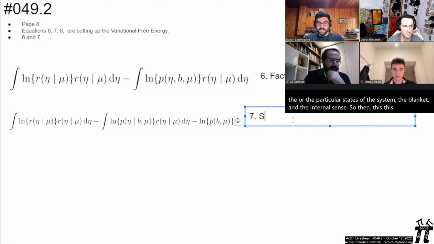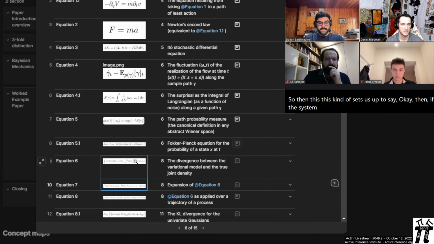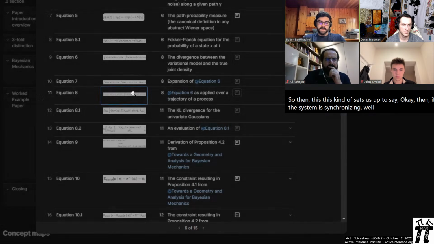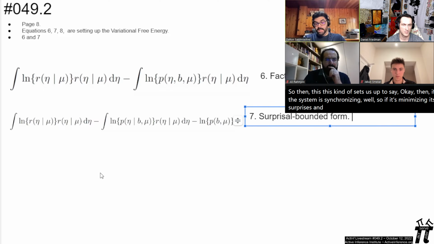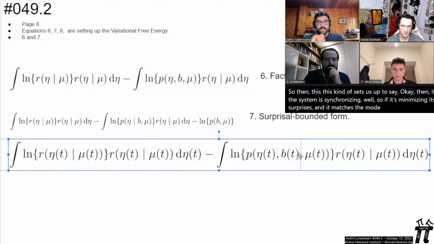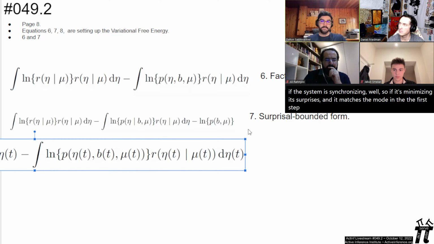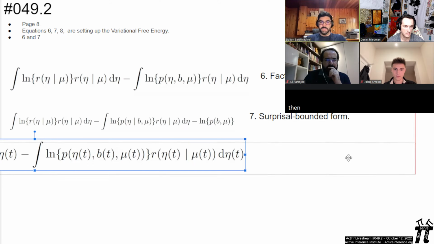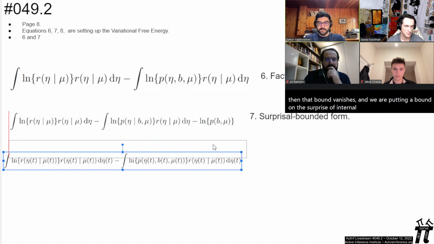So then this sets us up to say, okay, if the system is synchronizing well, so if it's minimizing its surprisal and it matches the mode in the first log term, then that bound vanishes, and we are putting a bound on the surprisal of internal states.